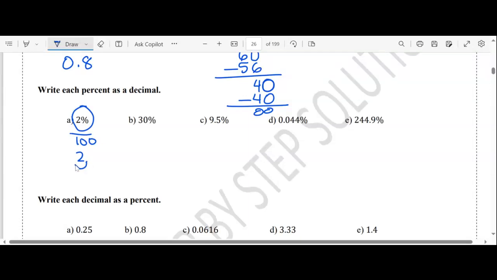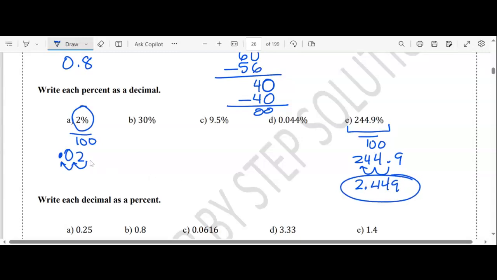How many? 1, 2. So the decimal place here, and you put 0 here. Okay? What about this one? Divide by what? So you move the decimal place how many? So it's going to be 2.449. That's called a decimal, correct?